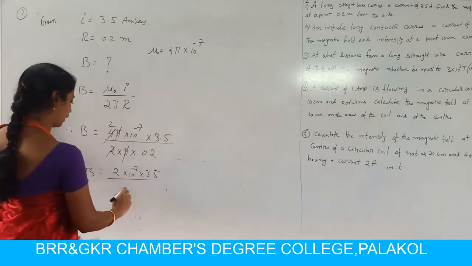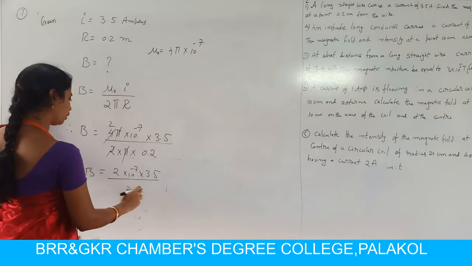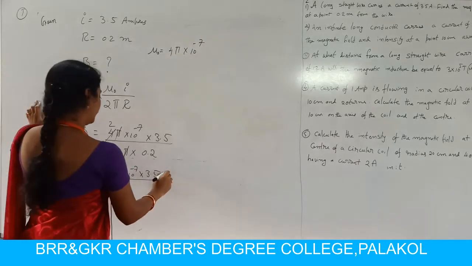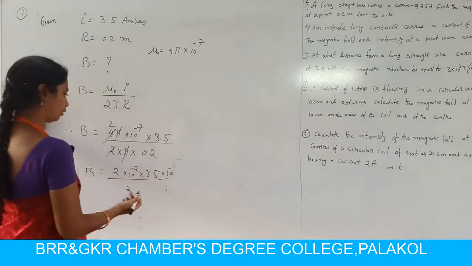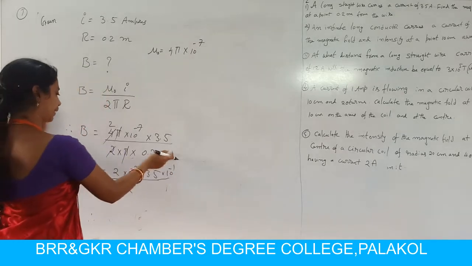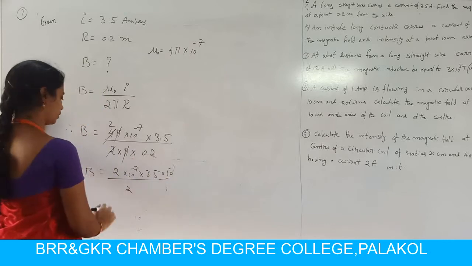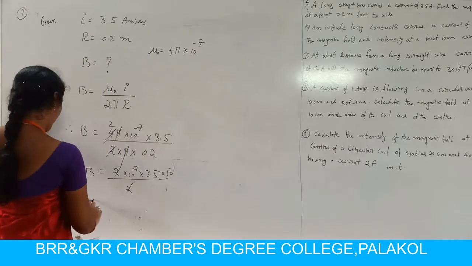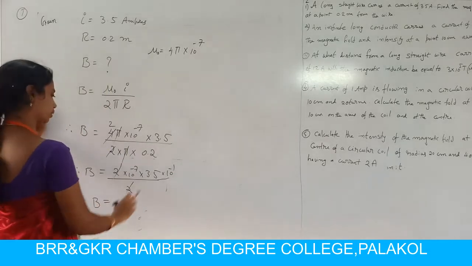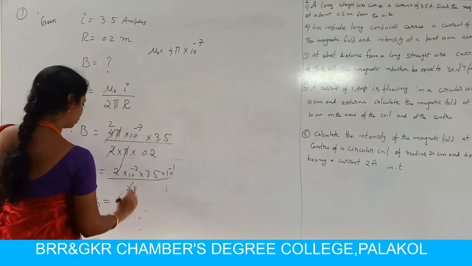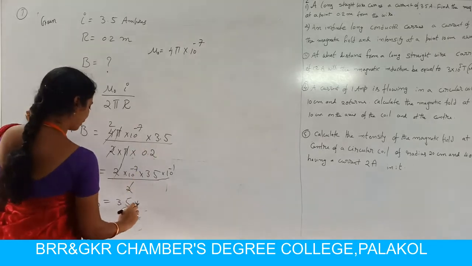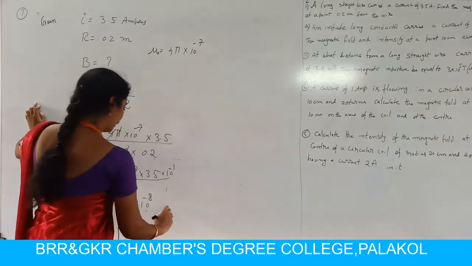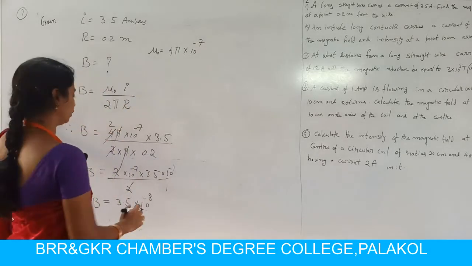Then 2 by 0.2 becomes 10 power minus 1, so B equals 3.5 into 10 power minus 8. The units are ampere per meter or Tesla.